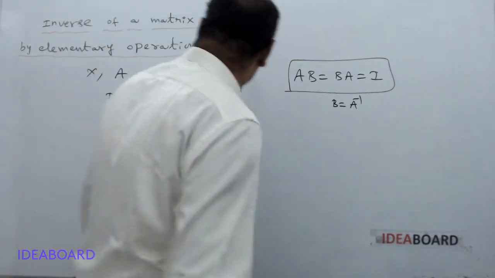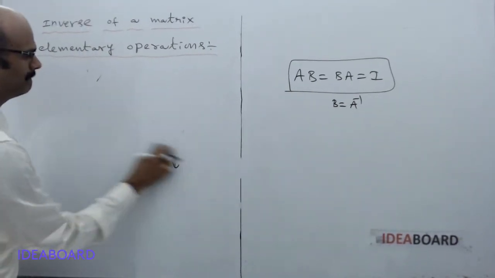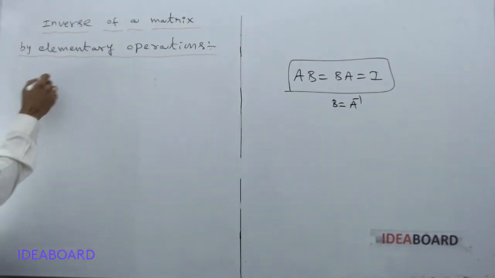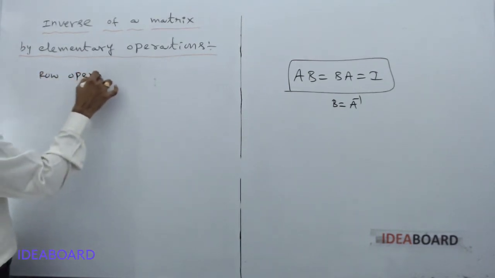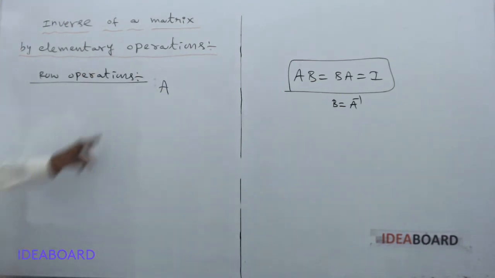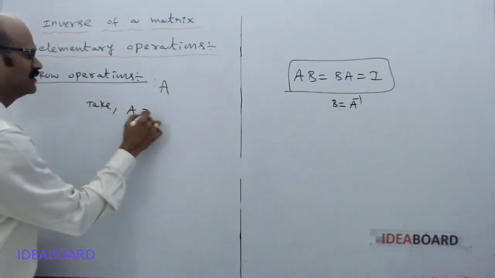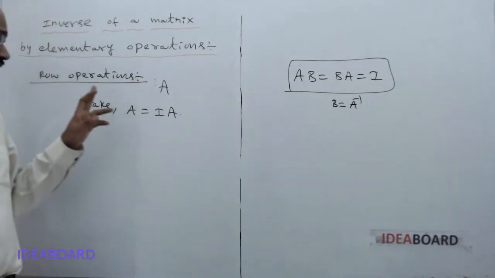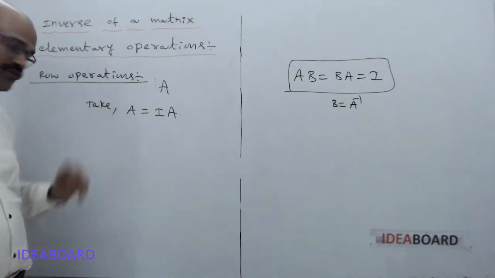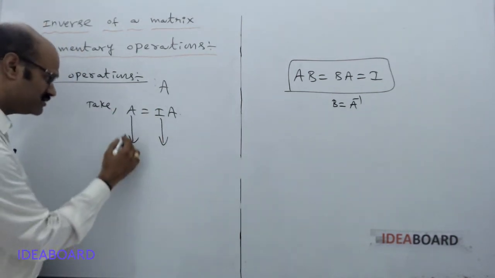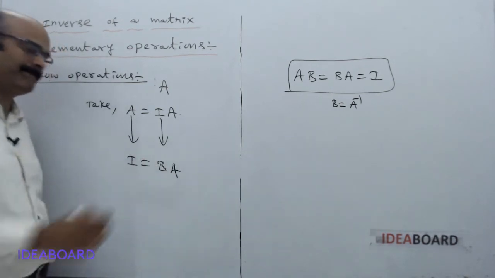Now, to apply the 3 row operations for the matrix A, we have to take A equal to I into A. Now we have to apply the row operations on A and I till we get I equal to BA.